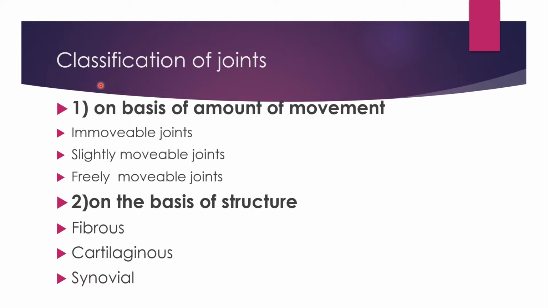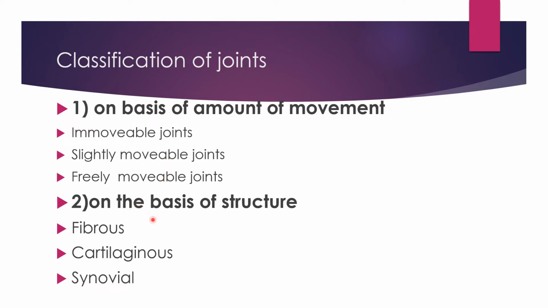According to the classification of joints, there are two bases of classification. First, the joints are classified on the basis of the amount of movement, and second, on the basis of structure. On the basis of the amount of movement, there are three types of joints: immovable joint, slightly movable joint and freely movable joint.